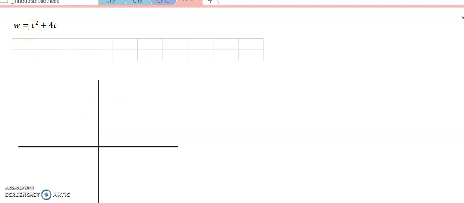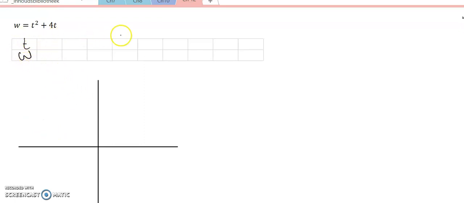Most of the time you will get the values for the letters, for the variables, but now we don't get them. Well, the first step is always to fill in the letters, the variables in the table. And in this formula we get the t and the w, and the t has to be on the top row, and the w, that's the outcome, should be on the bottom row.